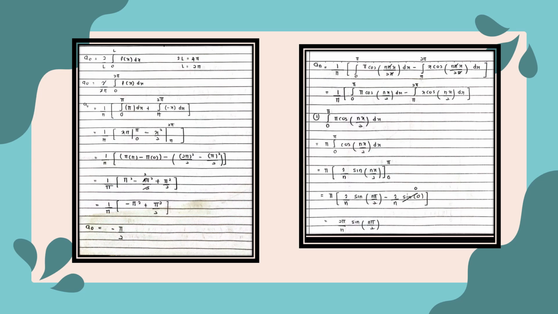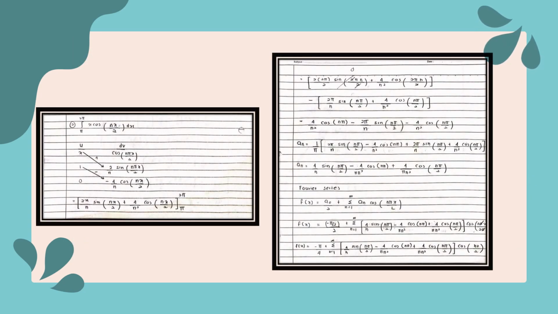Based on the calculation that we have made, a0 is negative pi over 2. Then the value of an is 4 over n sine n pi over 2 minus 4 over pi n squared cos n pi plus 4 over pi n squared cos n pi over 2.